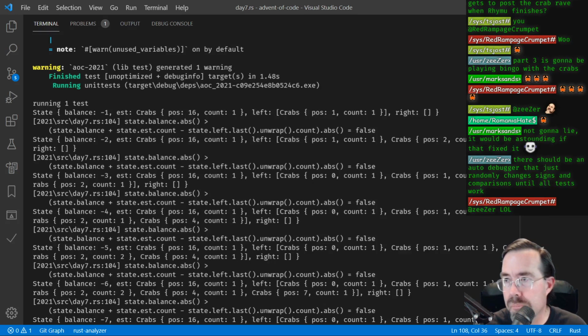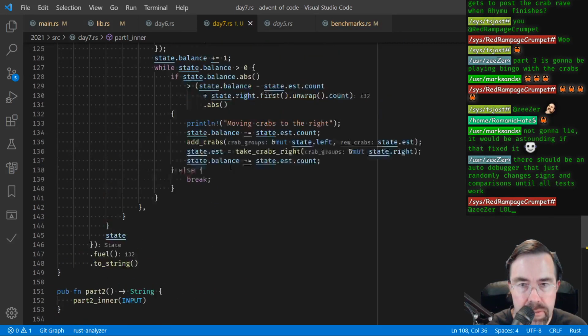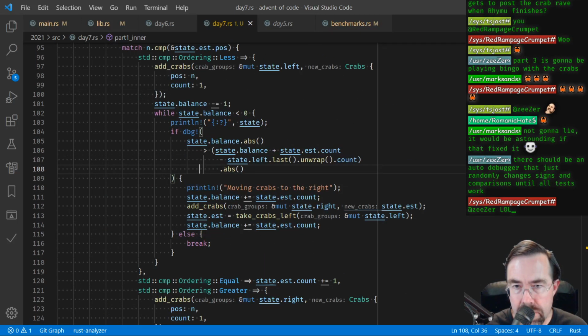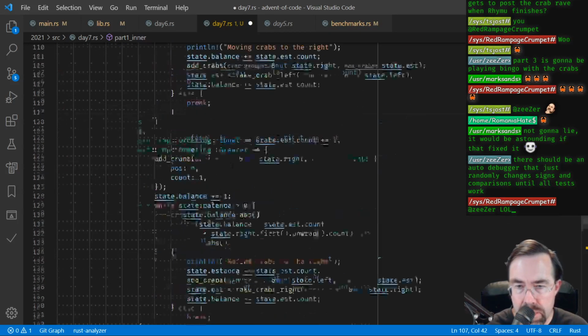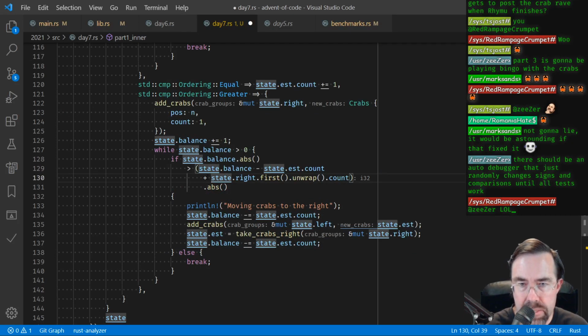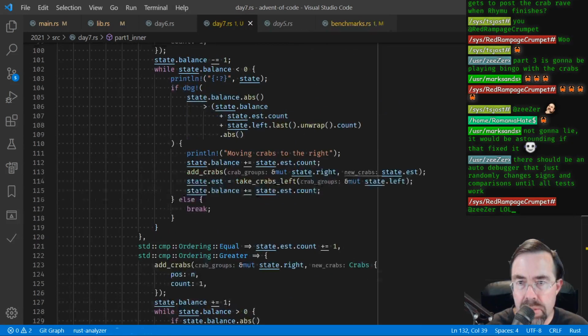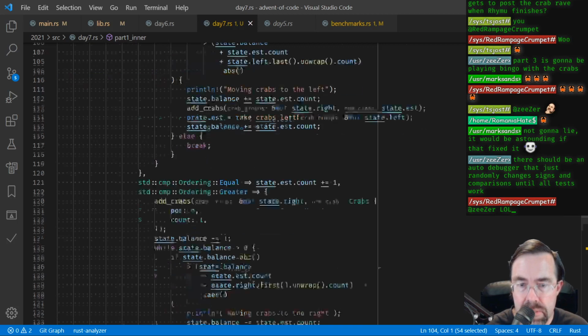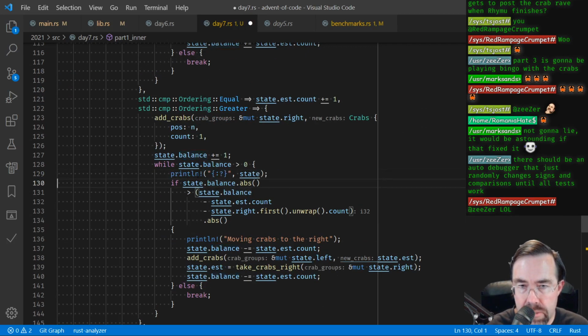Yeah, it should have been a plus. And probably this should be a minus. This should say left, not right. And let's debug both sides, because it's probably not right.